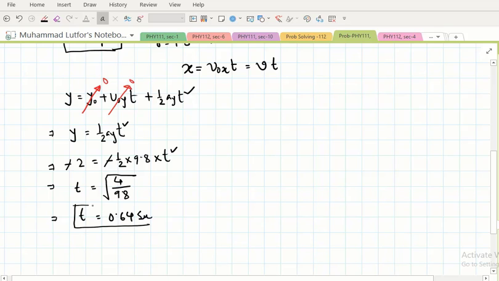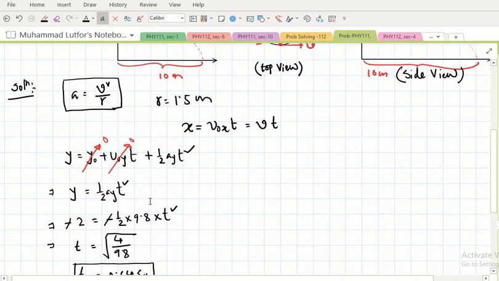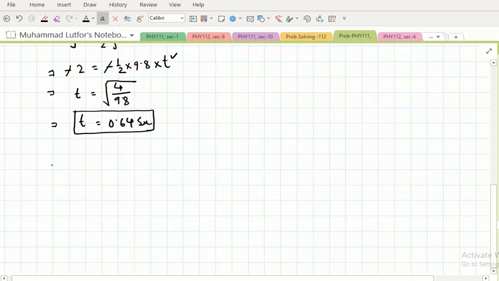If I know the time of flight, I can find v. Since x equals v t, v would be x by t.